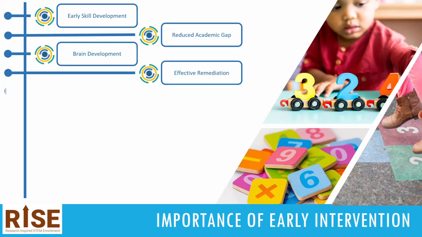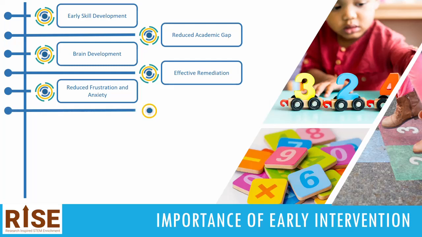Prevention of secondary issues. Reduced frustration and anxiety. Early intervention can prevent the development of frustration and anxiety related to academic difficulties. Social and emotional development. It helps in maintaining a positive self-concept and healthy social and emotional development, which can be adversely affected by untreated learning difficulties.